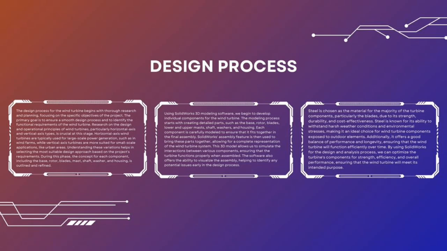Additionally, it offers a good balance of performance and longevity, ensuring that the wind turbine will function efficiently over time. By using SolidWorks for the design and analysis process, we can optimize the turbine components for strength, efficiency, and overall performance, ensuring that the wind turbine will meet its intended purpose.